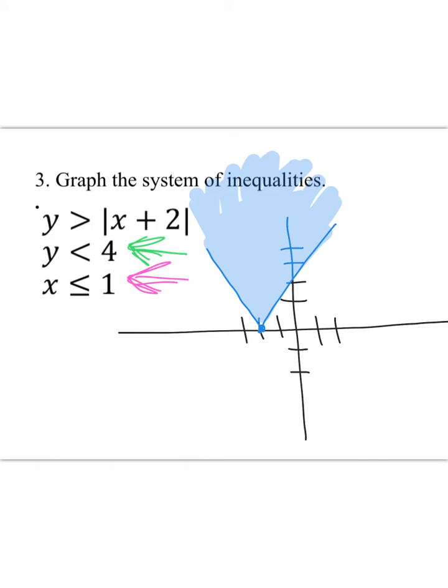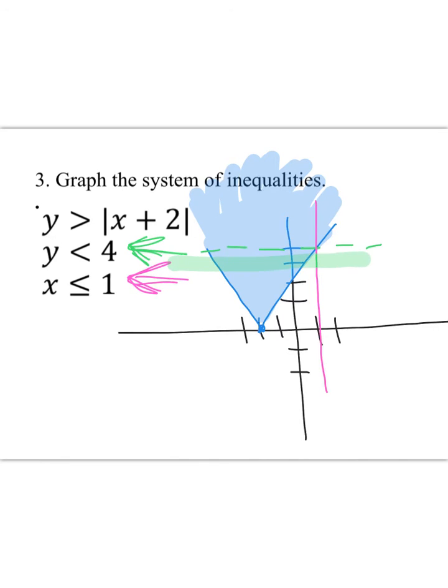I went ahead and graphed the first inequality, and hopefully you thought about how you would graph the second one, which is a dotted horizontal line at y equals 4. And hopefully you saw that x less than or equal to 1 is a vertical line at x equals 1.